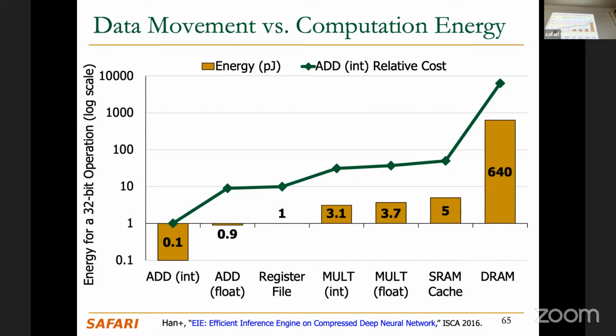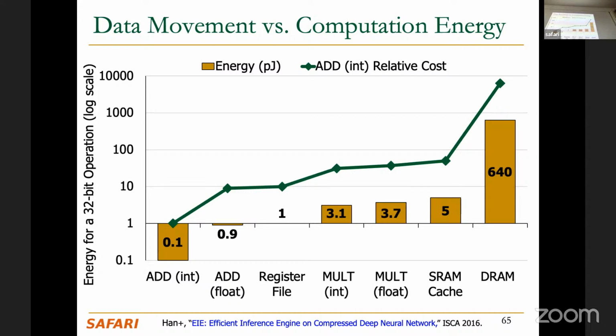For more motivation, you can also see this plot. That's from another paper from ISCA 2016. The y-axis represents the energy for a 32-bit operation, from an integer addition to a floating point addition, access to the register file, multiplication of integers, floating point numbers, and then access to the SRAM cache or access to DRAM.